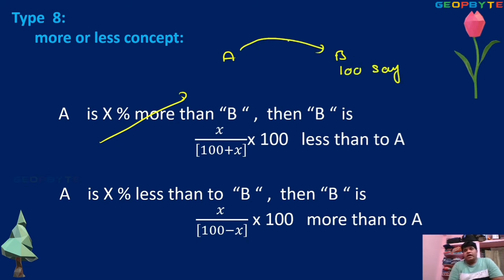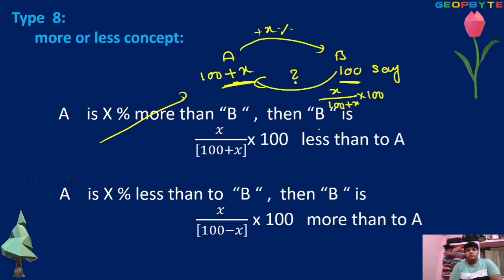A said to B, I am x percentage more. X percentage more means what is the value then? 100 plus x. Now reverse, B said to A, I am how many rupees less here? B had 100, A had 100 plus x. So B had x rupees less. So this x is compared with 100 plus x, into 100. So that is the formula proof.